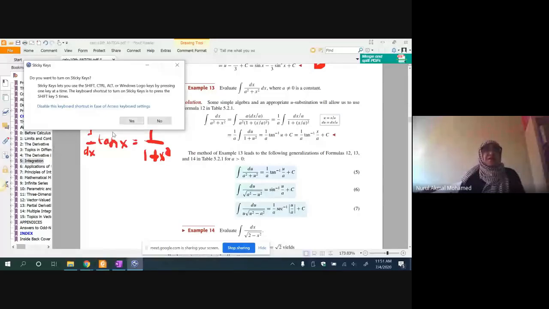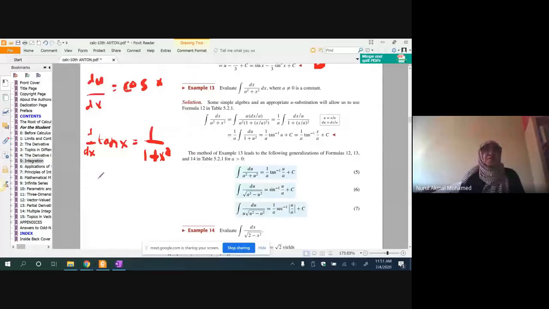So it means that the integration of 1 over 1 plus x squared dx is equal to arctangent x, because it's just the inverse operation. But here, instead of 1, you have a squared.